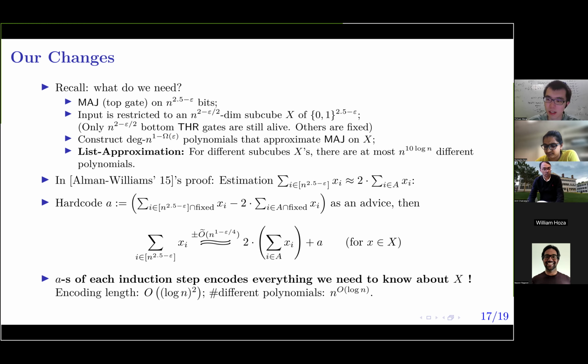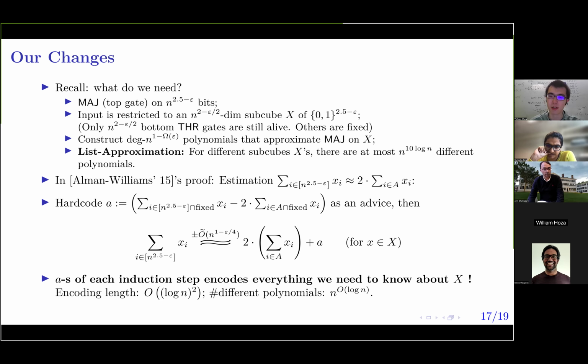So let's see, what's the encoding length of those a values? In each round, each a value is an integer not more than n^1.5, so it is a log n bit string. And then because we do log n many rounds of induction, the total encoding length is log squared n.